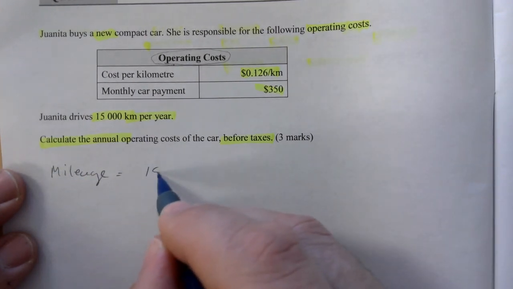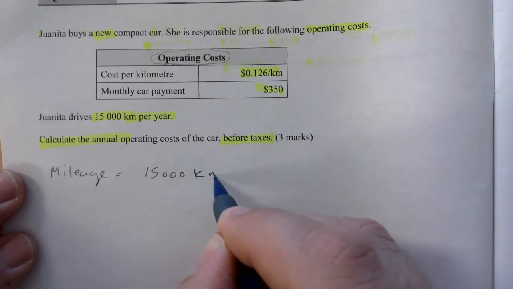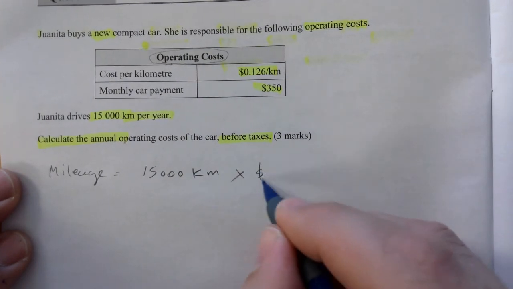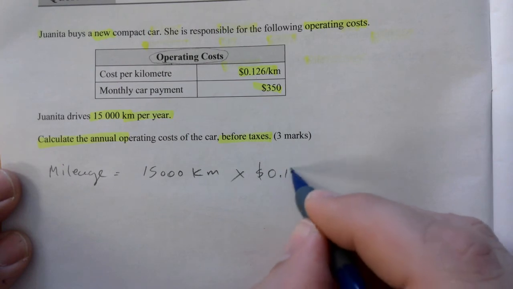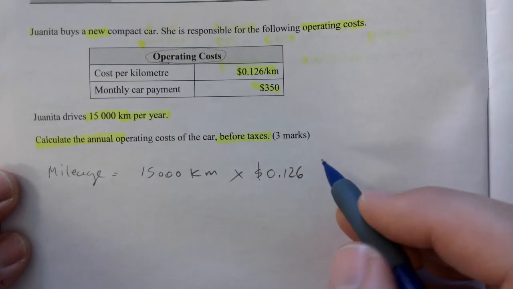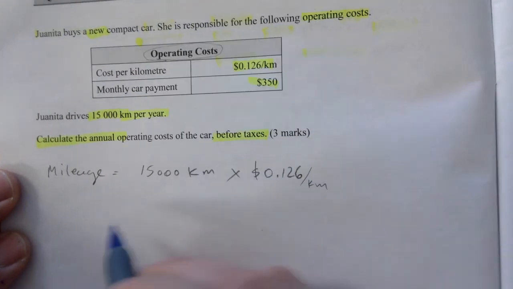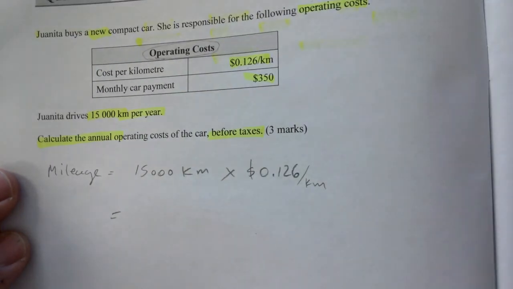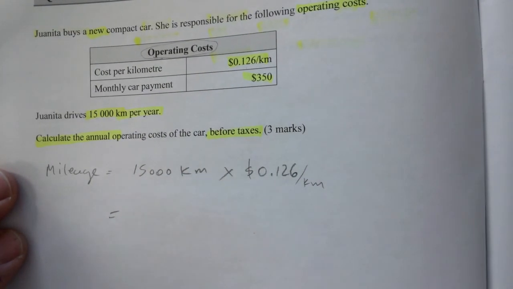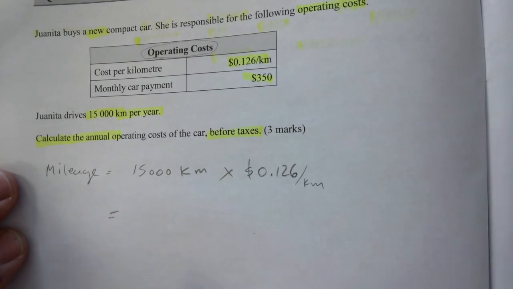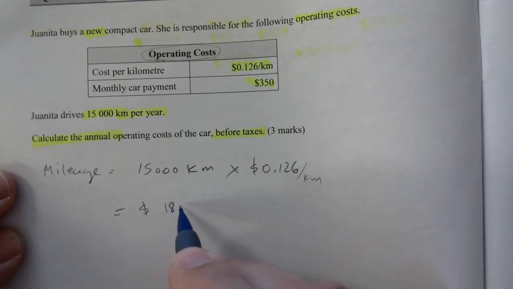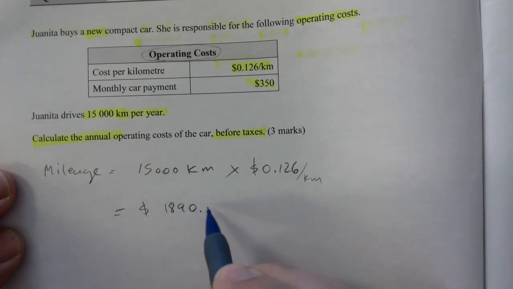We have 15,000 kilometers. We're going to multiply that by that rate, using all decimals. Before taxes, so we won't have to worry about taxes. That's 1,890.